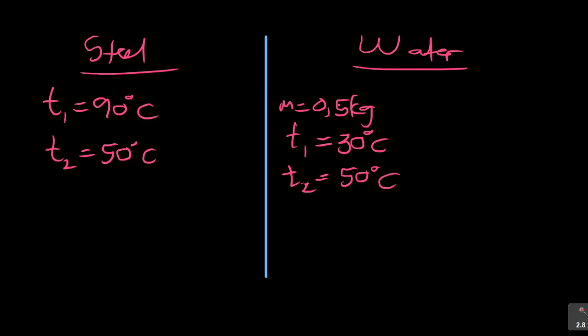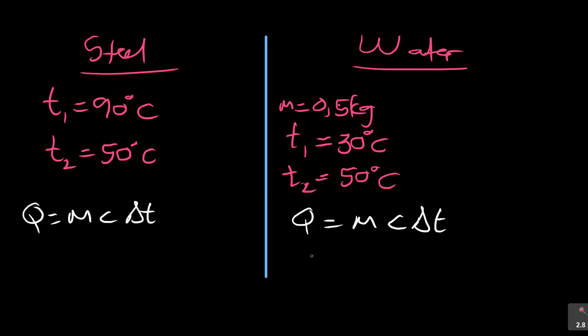Remember, whenever you are dealing with the steel, the formula to use is Q is equal to mc change in T. Even here Q is equal to mc change in T. But now the Q of water, the heat lost, actually is the heat gained by the water.